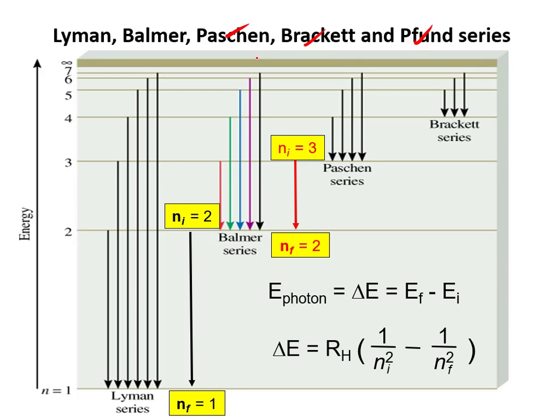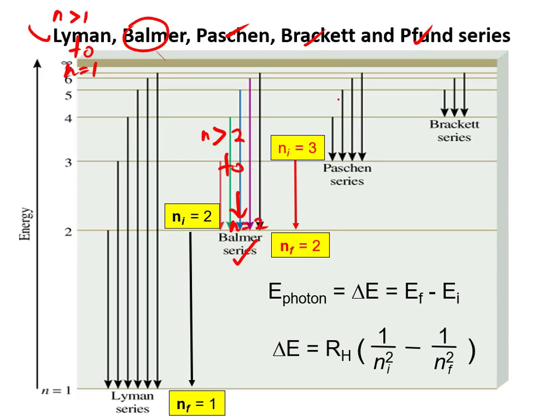What are these series? Lyman tadi, we know that the transition is from n more than 1 to n equals to 1. Lyman, right? Balmer is when electron drops from n more than 2 to n2. Right? Okay.